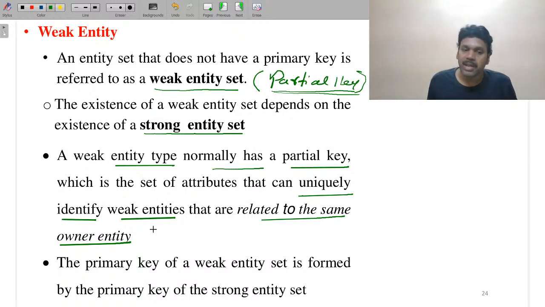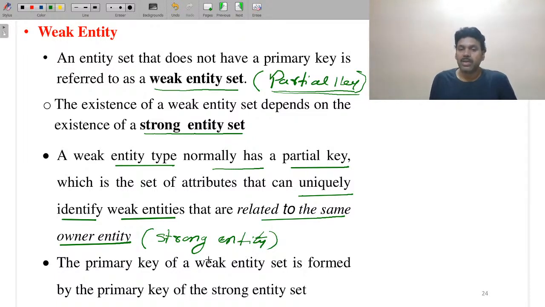So here the owner entity is nothing but what? Your other strong entity. So the primary key of a weak entity set is formed with your partial key with the help of another entity's primary key.